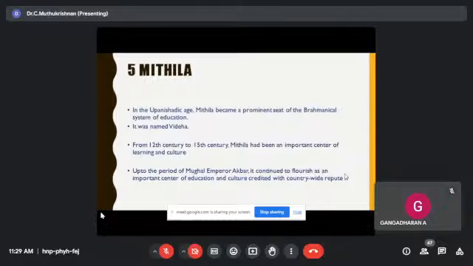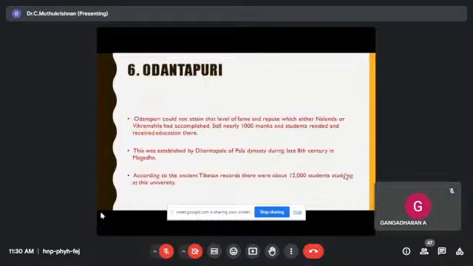It continued to flourish as an important center of education and culture, credited with countrywide repute. This is one of the finest points about Mithila University in the ancient Vedic period.